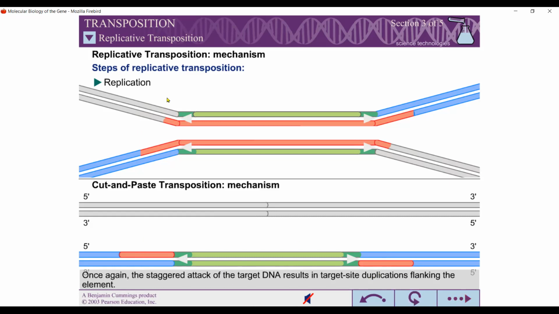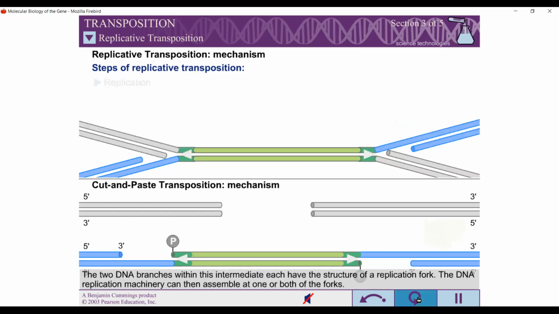In case of the replicative one, you can see that there were two replication forks. The picture showed the presence of two replication forks on two ends, and those two ends behave as replication forks, and taking the two single-stranded DNA as template, the remaining of the DNA is completed. The gap is filled. Once more, we go over this.